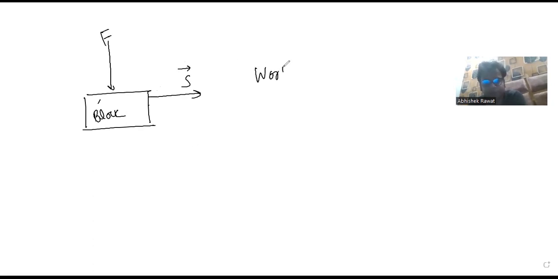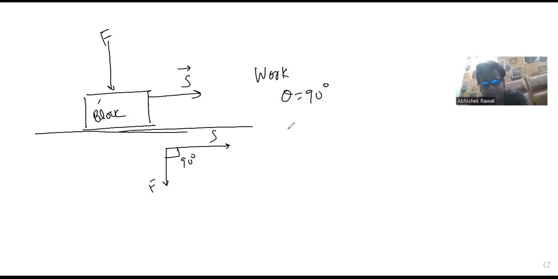I'm giving this example to make you feel the significance of the angle. The force is in the downward direction and the displacement is in the right direction, so the angle between the force vector and displacement vector is 90 degrees.